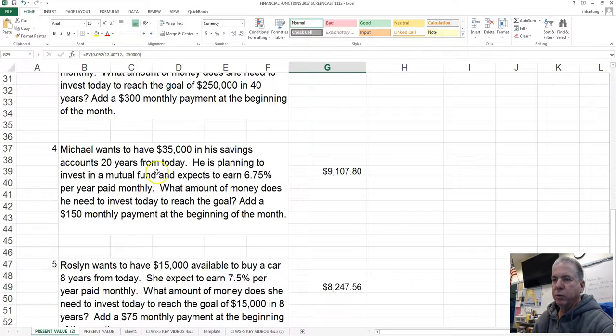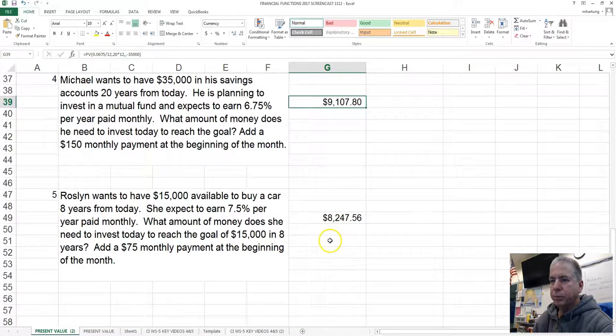And number 4, Michael, savings goal of $35,000. He would have to start with this amount of money, $9,107.80, in order to have $35,000 20 years from now, based on this interest rate and monthly compounding.